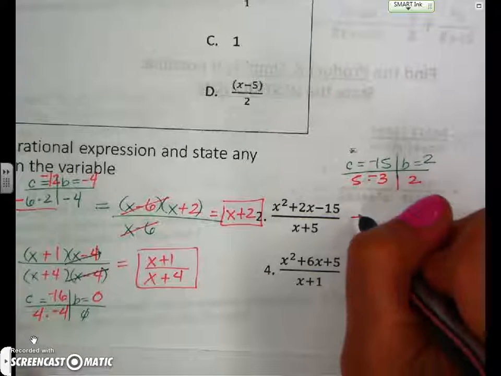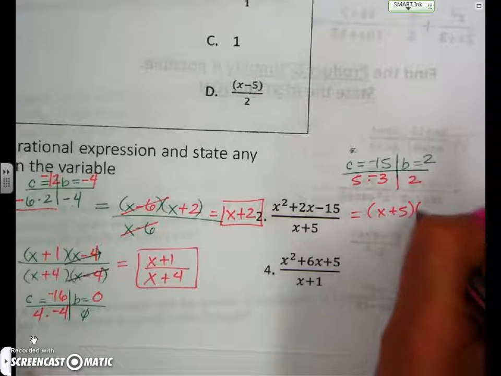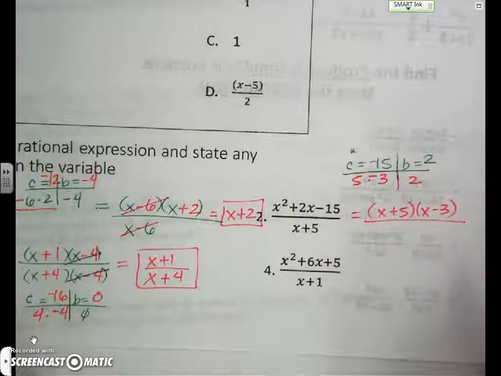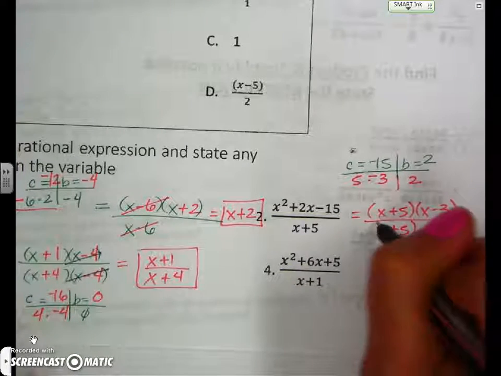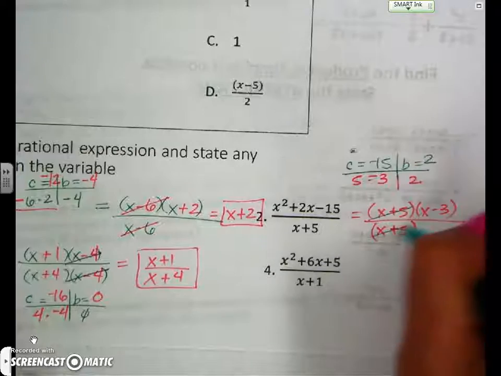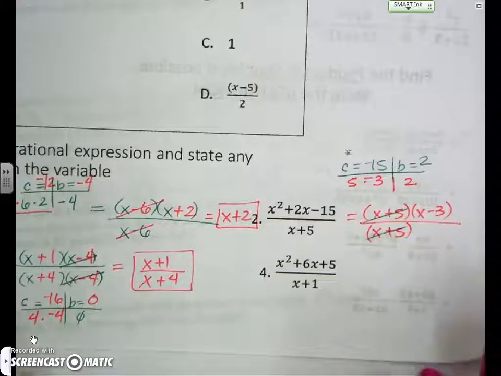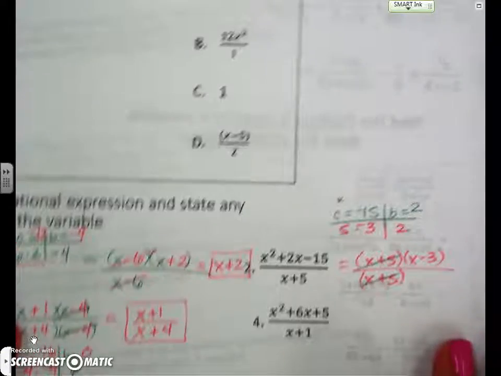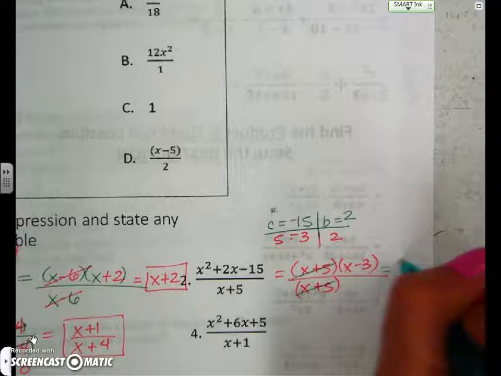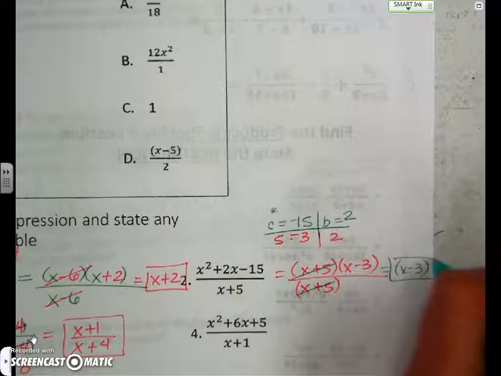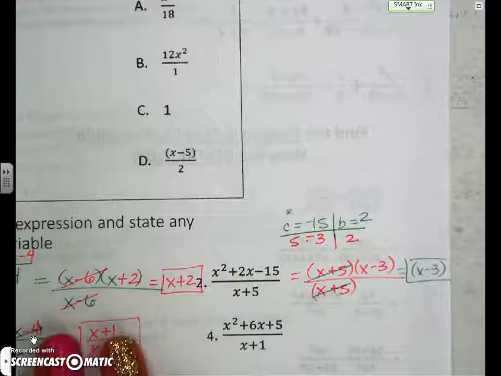Your factors are x plus 5 and x minus 3 over x plus 5. What can you cancel? X plus 5, so your final answer is x minus 3. Okay, raise your hand if you got that correct. Good, that makes me very happy.